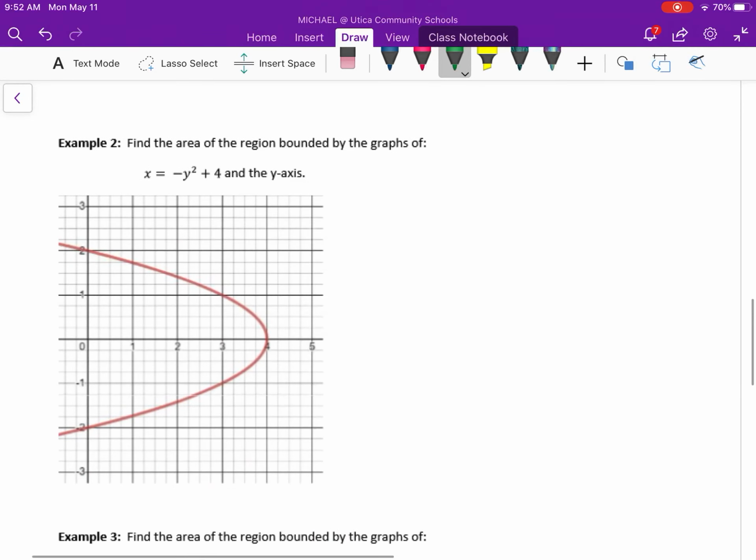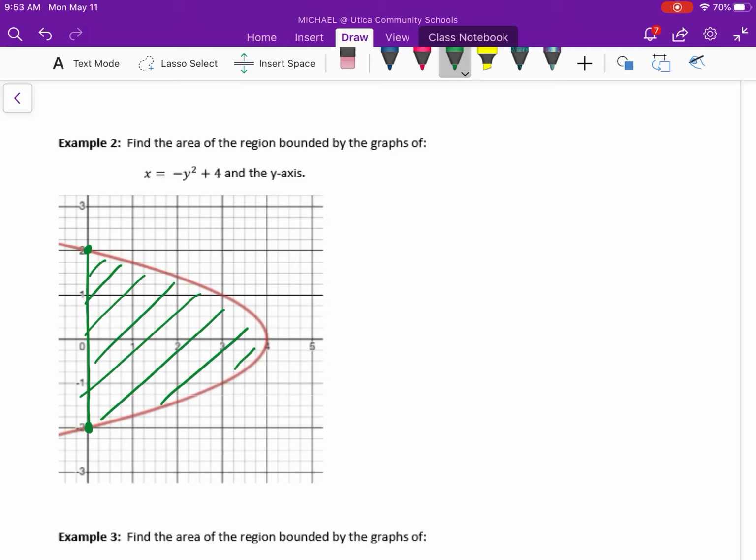So let's take a look at another example. Find the area of the region bounded by the graphs of negative y squared plus 4 and the y-axis. So again, they're looking at the area here. This is another simple area under the curve function.